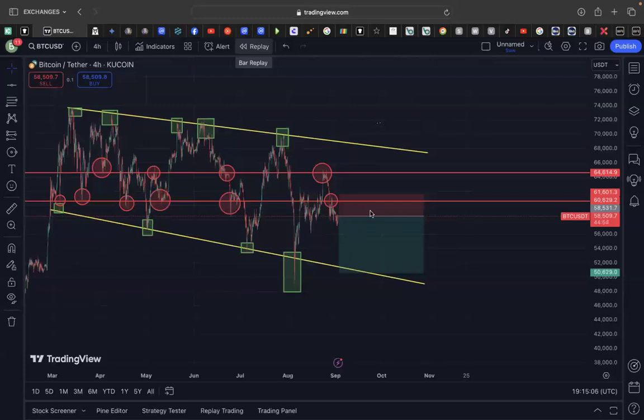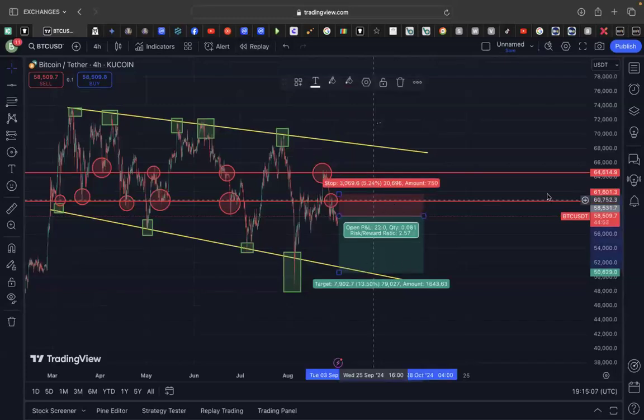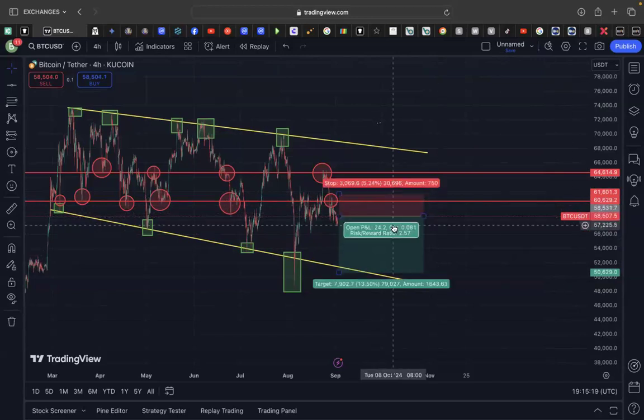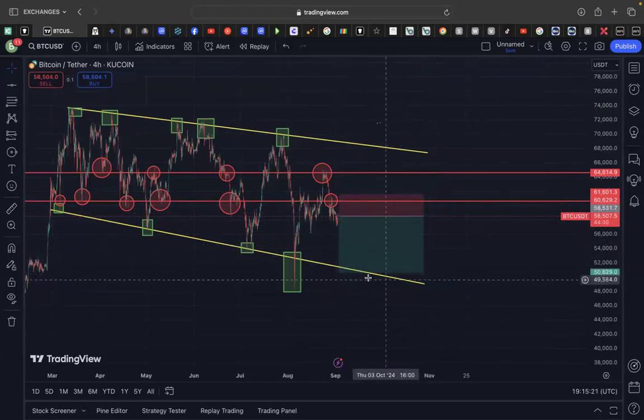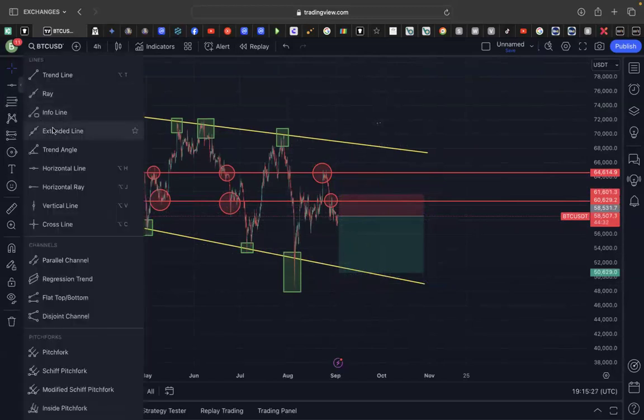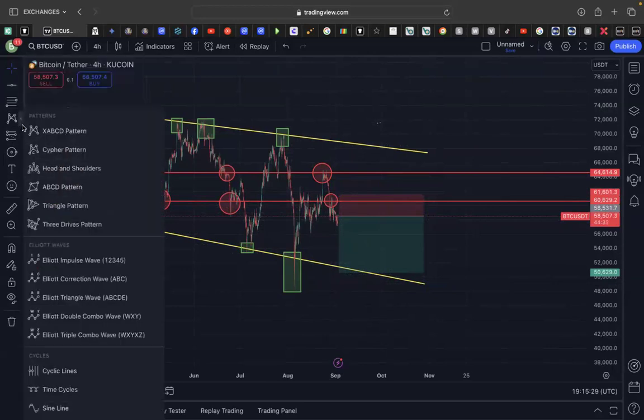So the longer Bitcoin stays below this level, under 60,000, we might see this area down here on the support level. So we might see that level down there.